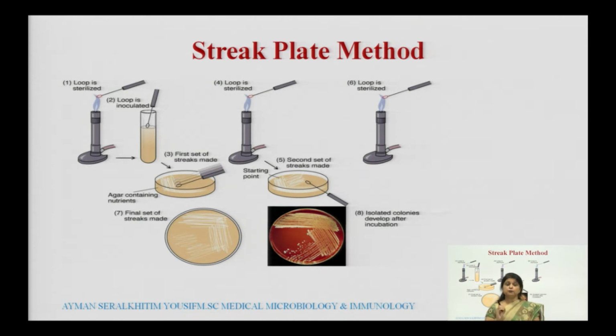So the first and foremost requirement is to prepare sterile nutrient agar medium, which must be solid in nature. First step, you need to sterilize the glassware; second step, you need to make the nutrient media, which must be sterile, so you have to sterilize that media by autoclaving.